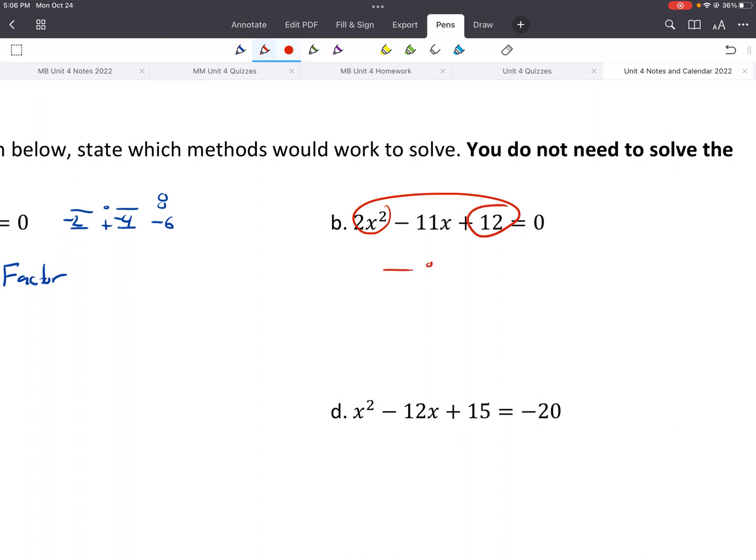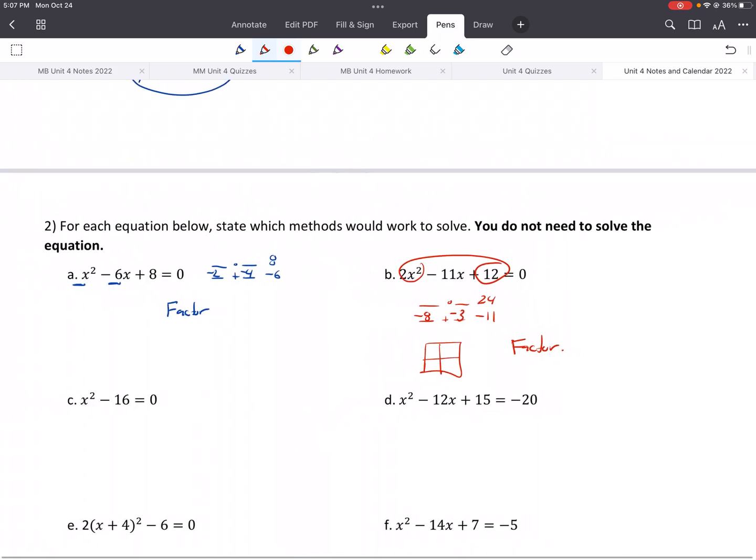It needs to multiply to 24 and add or subtract to -11. So maybe 8 and 3. So -8 and -3. We can't use the shortcut, but we can use the box. And again, we don't need to solve this here, but we would want to factor.